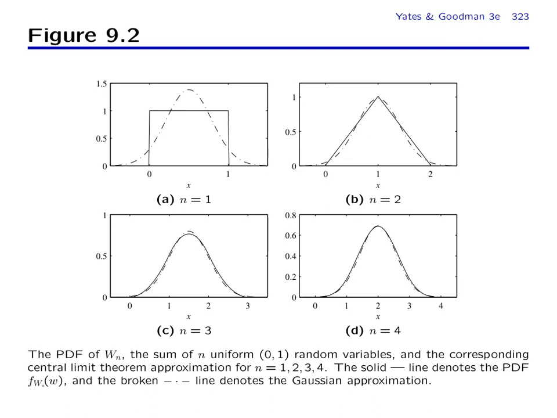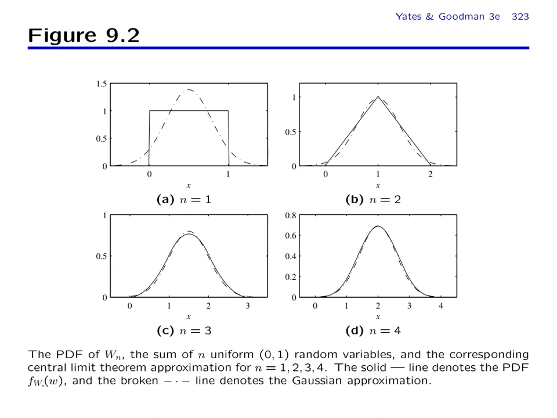So to see that, let's look at this figure where we have n uniform 0, 1 random variables. And then we look at the sum of those, and we compare that to the PDF of a Gaussian with exactly the same mean and same variance.